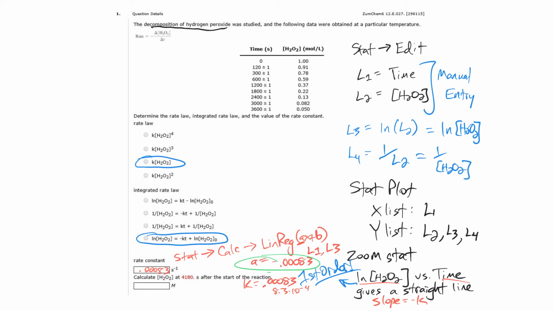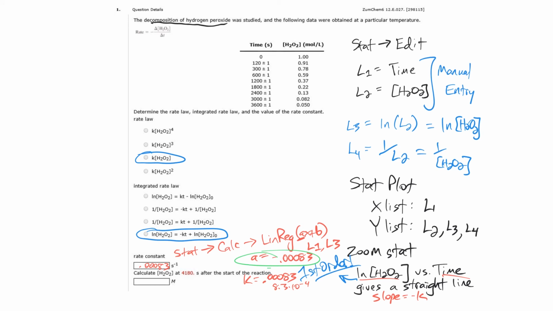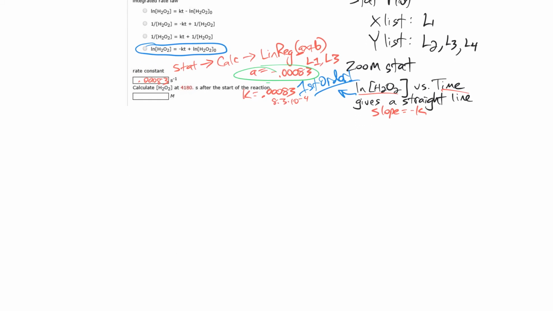And then the last question is one where we're going to have to use the integrated rate law. If we know that we have a first order reaction, and at this point we know the value of K, we can say, all right, the natural log of the concentration of H2O2, which is what they want us to calculate, is equal to 0.0083, that's the value of K, times the time, and they're giving us the time.